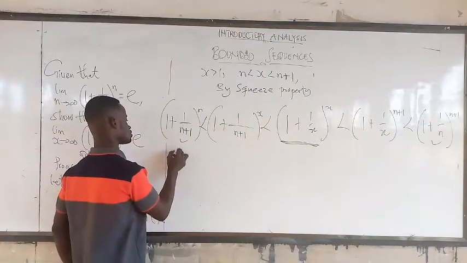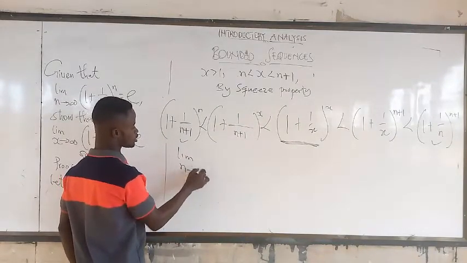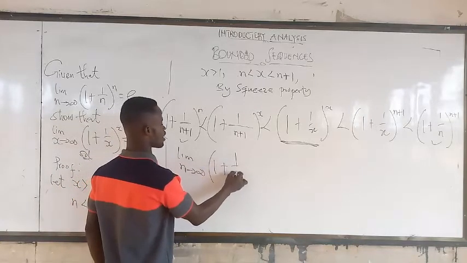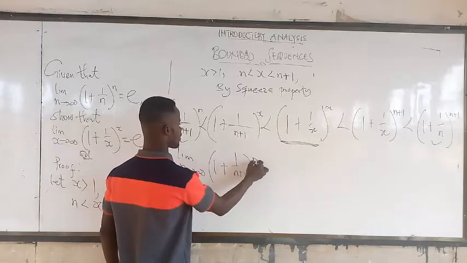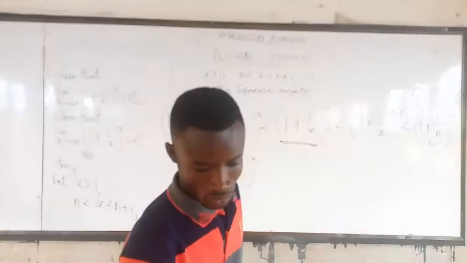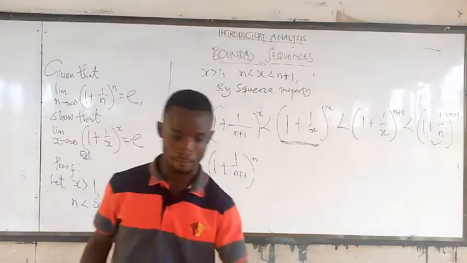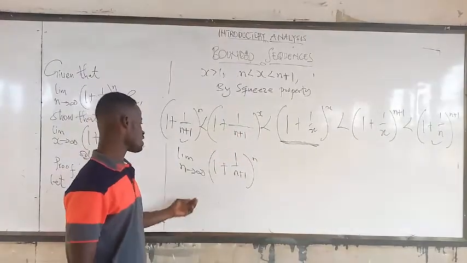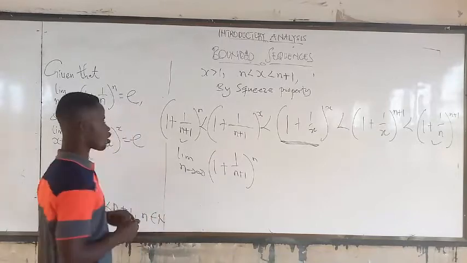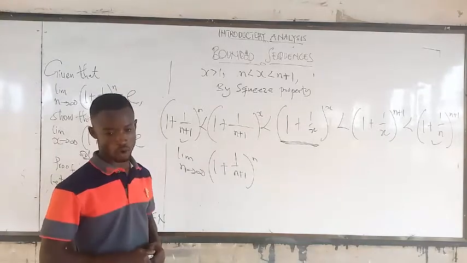So we are going to say that the limit as n approaches infinity of 1 plus 1 over n plus 1, to the power n. So here you can see that we are not in that form. So let's try to be in that form.